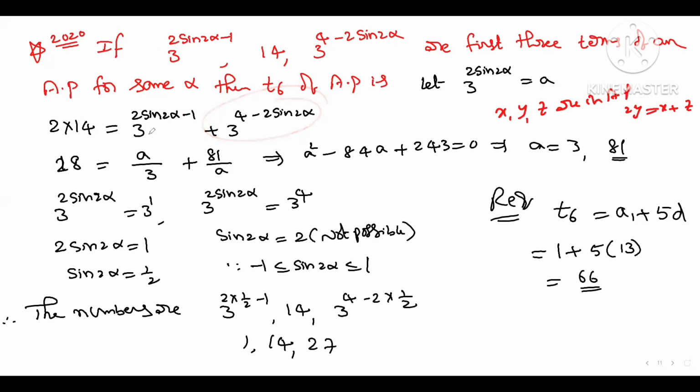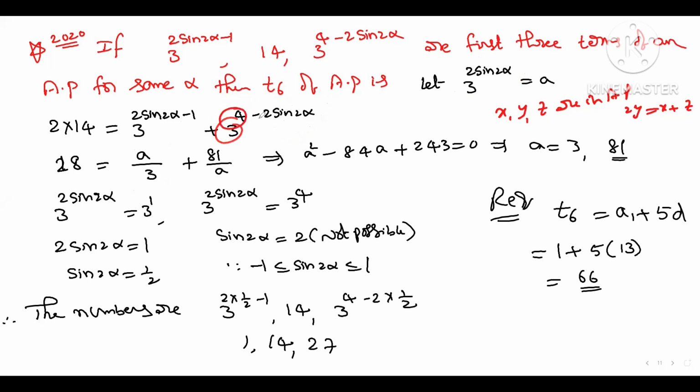So 3 to the power 2 sine 2 alpha minus 1 is 3 to the power 2 sine 2 alpha by 3. We have assumed 3 to the power 2 sine 2 alpha as A, so A by 3. Here 3 to the power 4 minus 2 sine 2 alpha. A to the power m minus n is A to the power m by A to the power n.